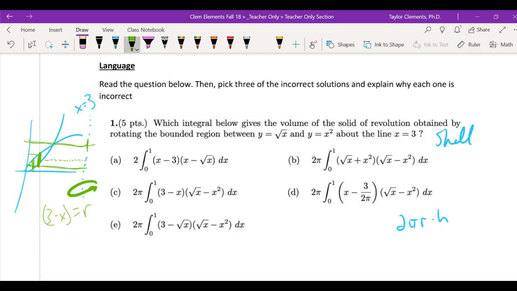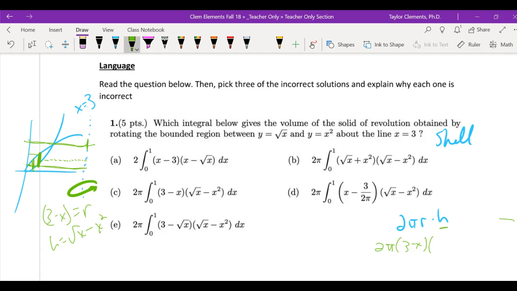And then the height, so we got 2 pi, 3 minus x, and then we've got the height, which would just be top minus bottom. So that's nice. The top one here is square root of x. So h would be the square root of x minus the bottom function, which is x squared.